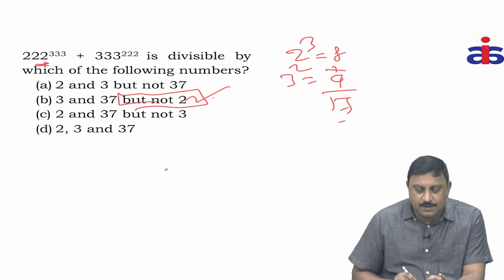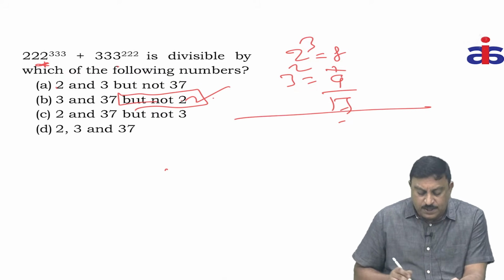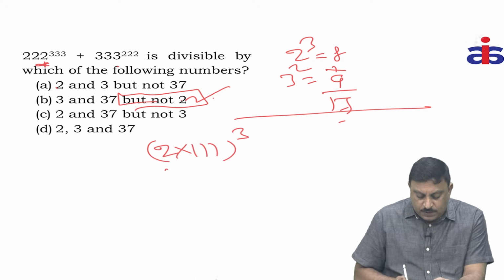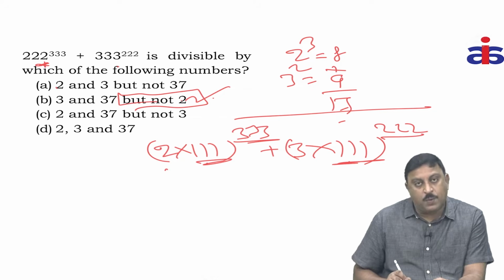Even here the examiner hasn't done much exercise. He must have given it in another way. But the point is how to do this theoretically. 222 I can write as 2 into 111, whole power 333, and 333 I can write as 3 into 111, whole power 222. And 111 is common in both cases, and the minimum power is 222.